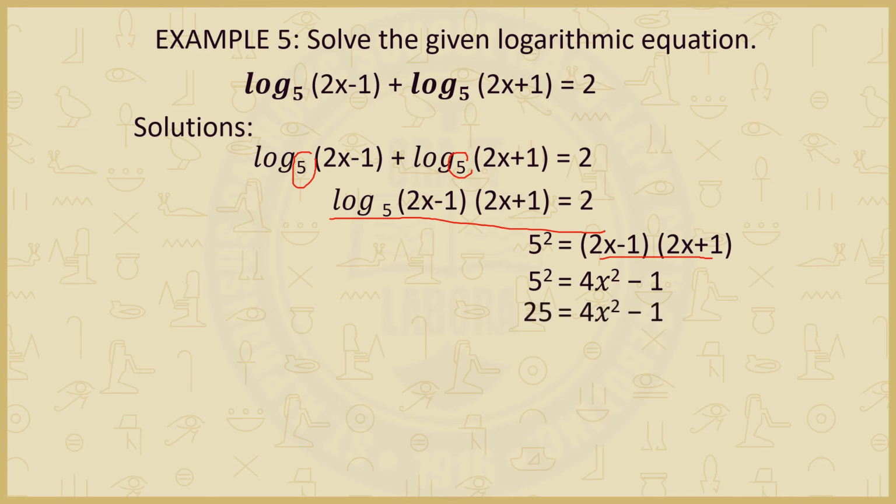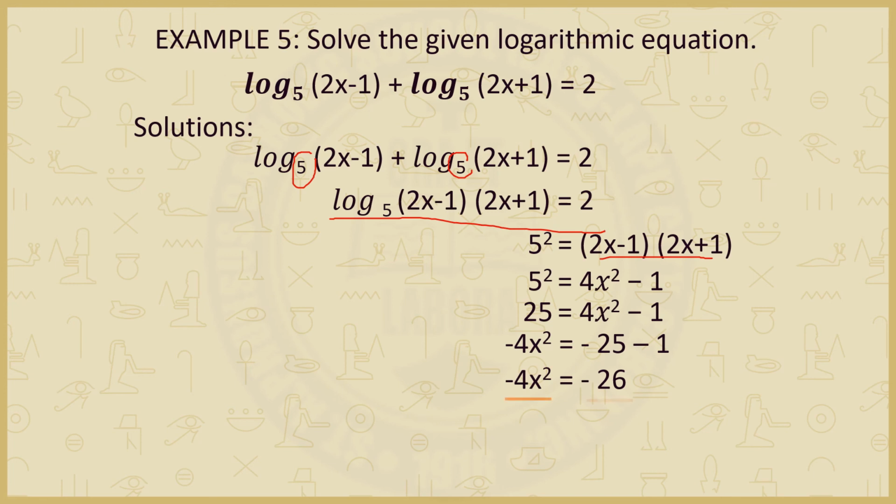After that, simplify them further. 5 squared is equal to 25, and then copy the rest of the equation. And then transpose 4x squared to the other side of the equation, and it will become negative 4x squared, and then transpose 25 to the other side of the equation, and it will become negative 25 minus 1. So simplify them further, and it will become negative 4x squared is equal to negative 26.